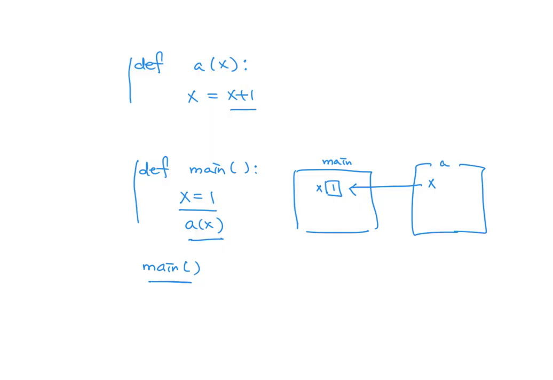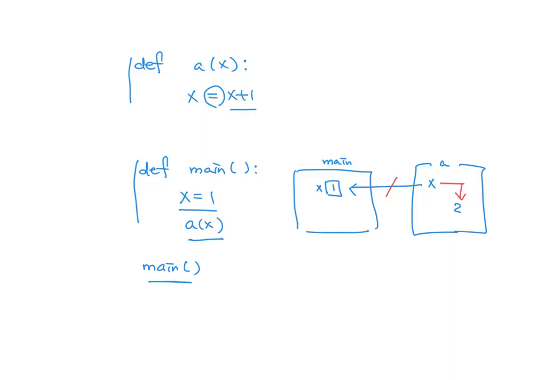So the value 2 is obtained inside of this function a, and that value 2 is assigned to the x variable. At that point, the connection between the local x and the outside 1 will be disconnected, and x will represent this value 2.